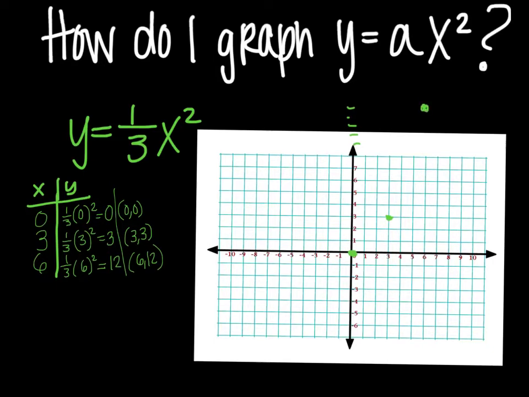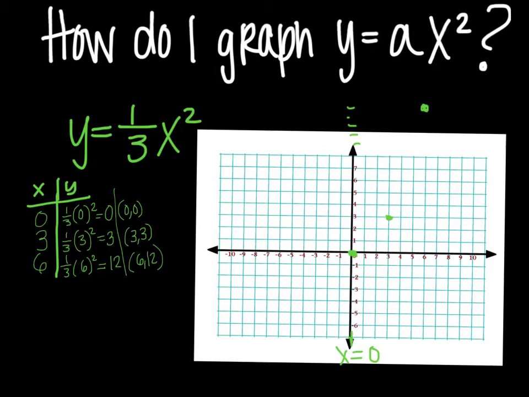But the reason why I didn't put anything negative is because the nice thing we know about parabolas is that it reflects across the axis on your vertex, and the vertex is 0, 0. So I can just reflect it across the y-axis, which is x equals 0. That's going back in the day from a while ago.